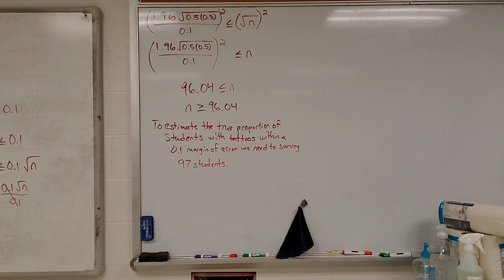It's quite possible that on the test with the FRQs, you may calculate a confidence interval in part A of the problem, but in part B you have to do a sample size, like what we just did.